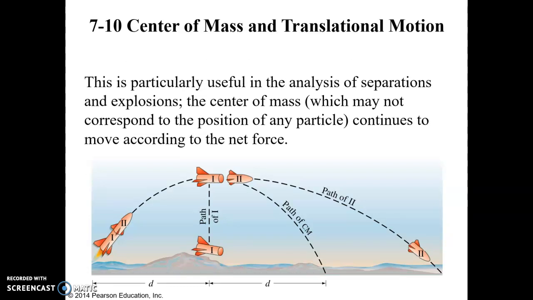Here's another, I think, really fascinating application of center of mass and how it affects motion. And this comes from the textbook. Basically, what we have here is a rocket that is in two stages.